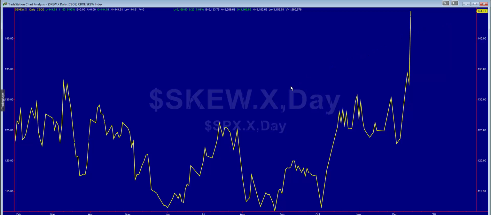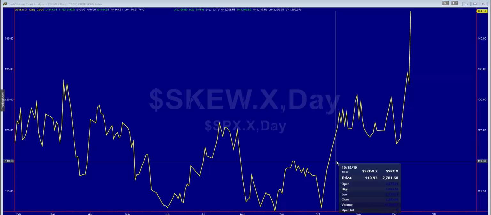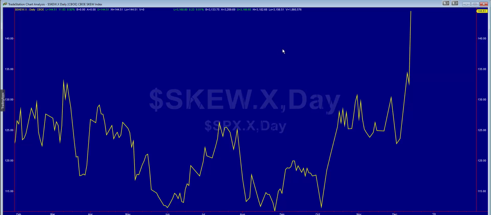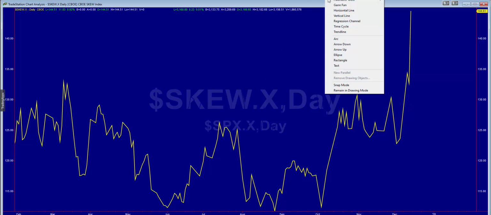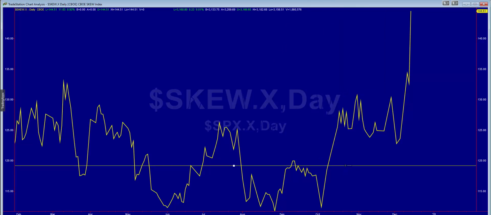When the skew is very, very low, usually below 120, and in fact, let's put a horizontal line on here.